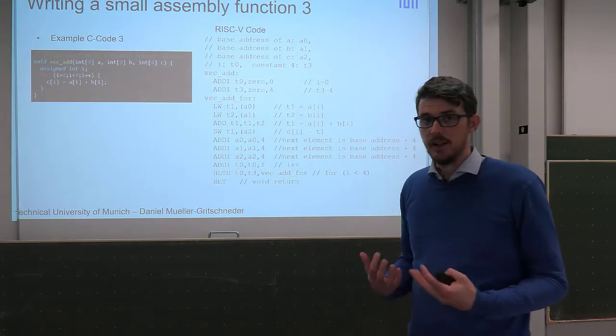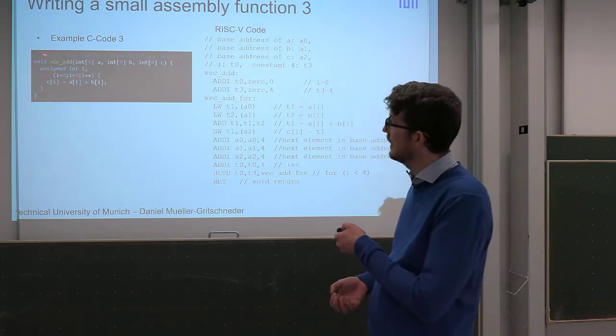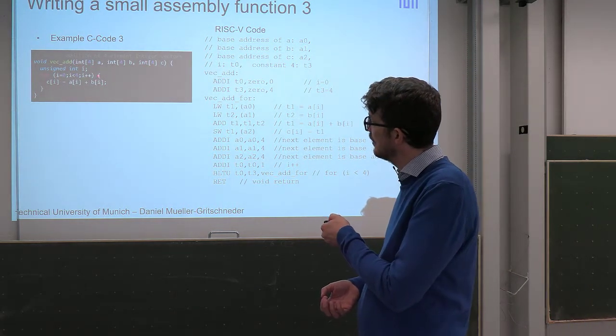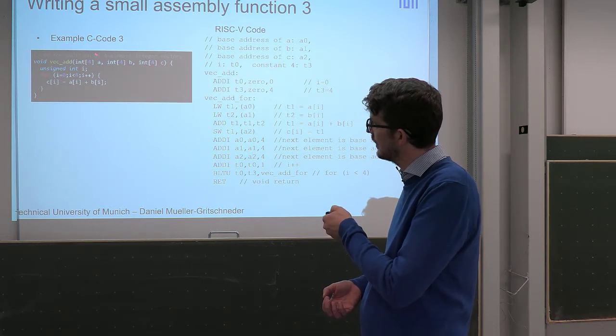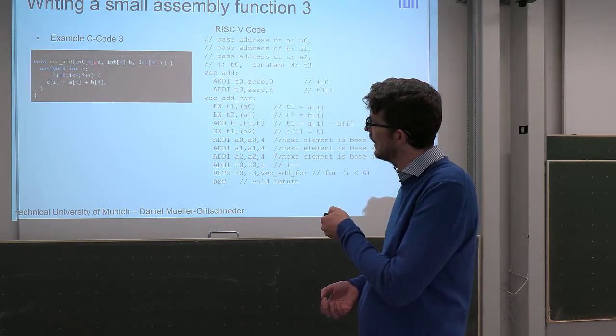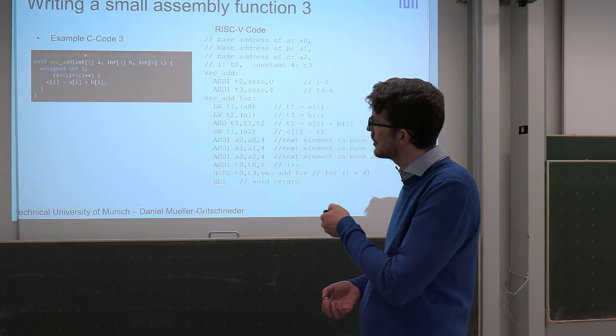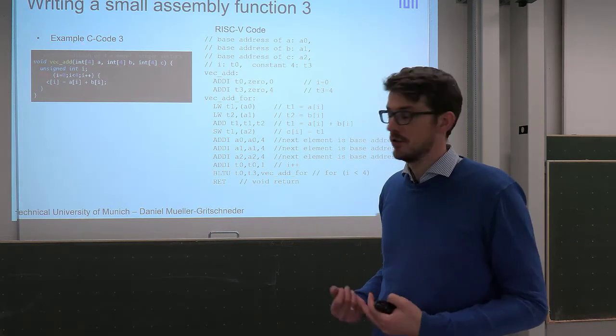Now we take another function, and this function basically takes pointers as input, also arrays. A is a pointer, and A points to an array which has 4 elements of the type integer.